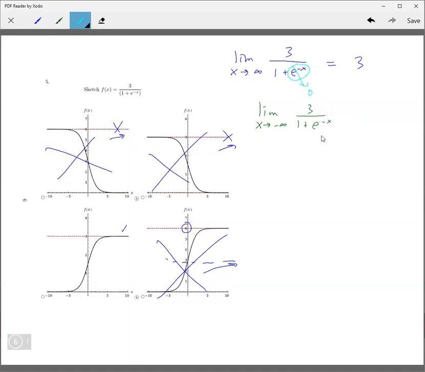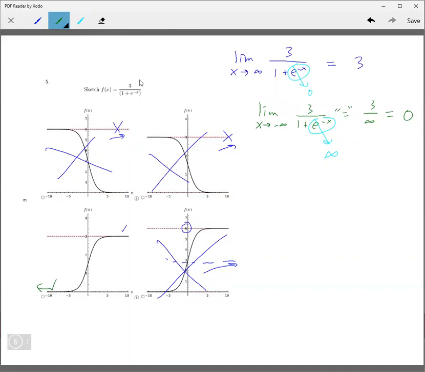And what happens here is this term, instead of going to 0, is going to go to infinity. So essentially, you're going to have like 3 over infinity, which is going to be 0. And so over here, you're going to 0. So this is fine right here.